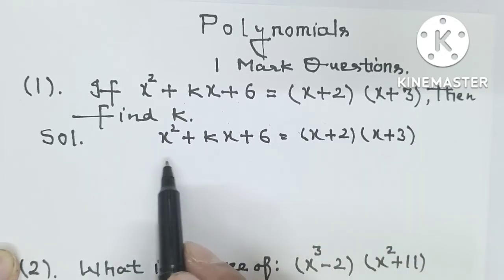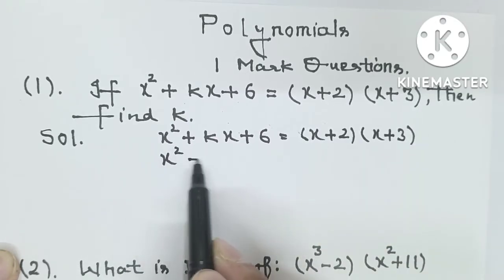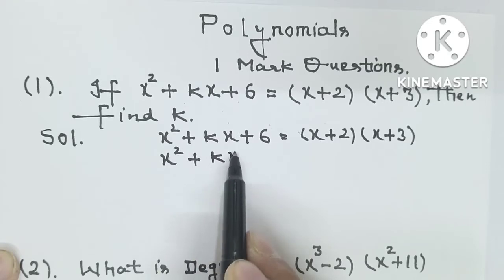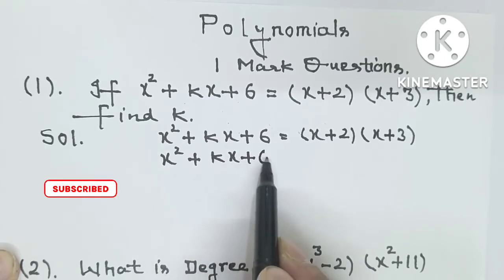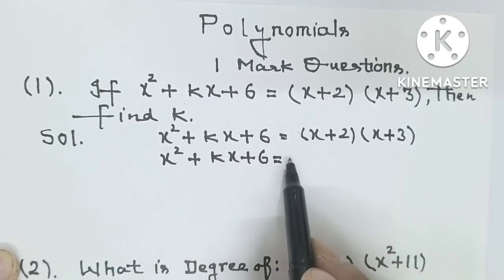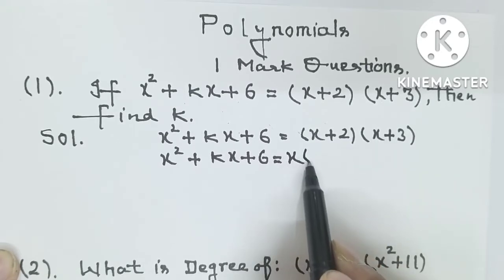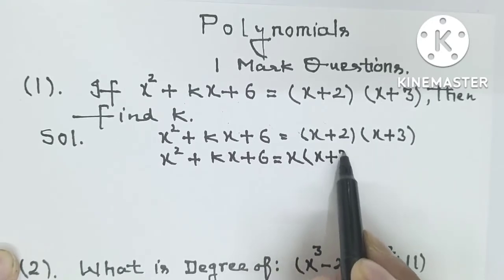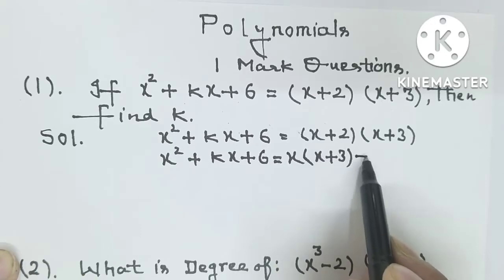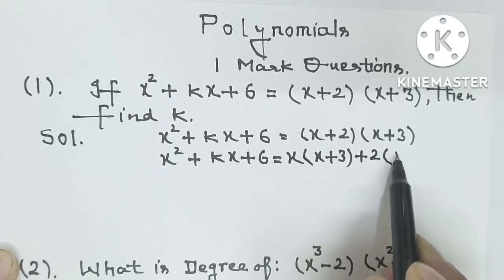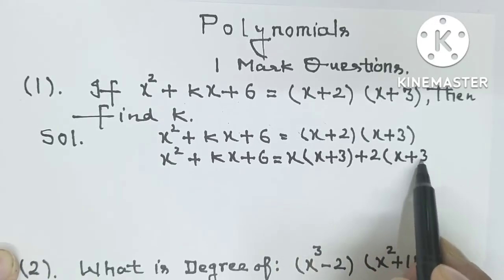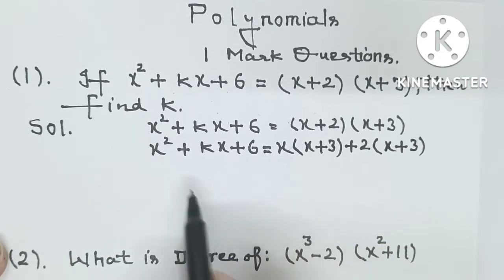Now we will solve it. x square plus kx plus 6 is equal to, this x will multiply (x plus 3) and this plus 2 will multiply (x plus 3). So we will solve it now further.